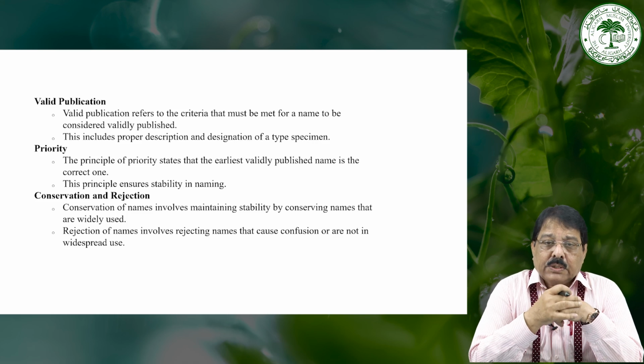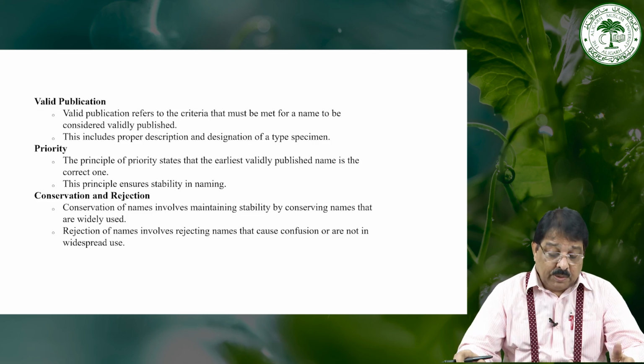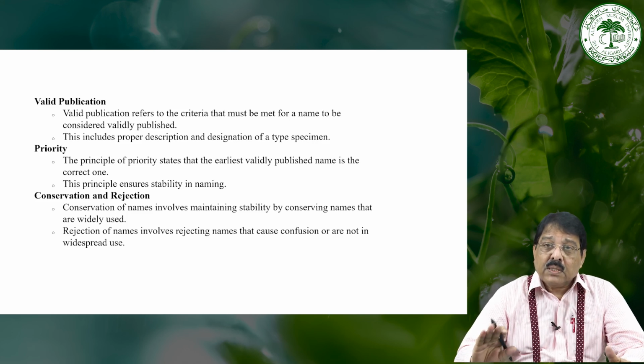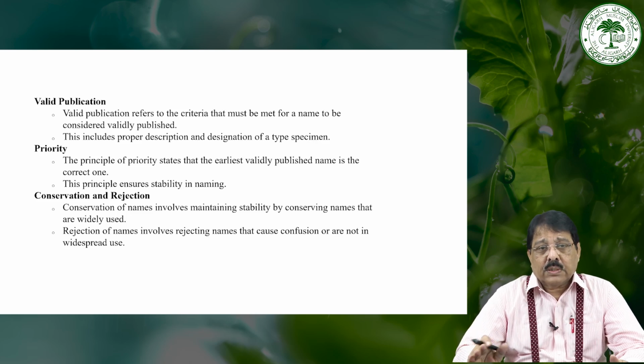The valid publication refers to the criteria that must be met for a name to be considered validly published. Another is the invalid publication. An invalid publication is that publication that goes against one or more rules of the code, then it will be called an invalid publication.